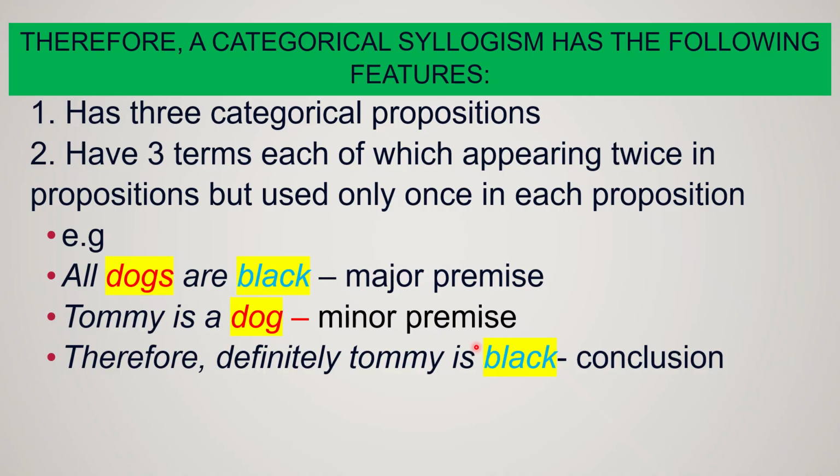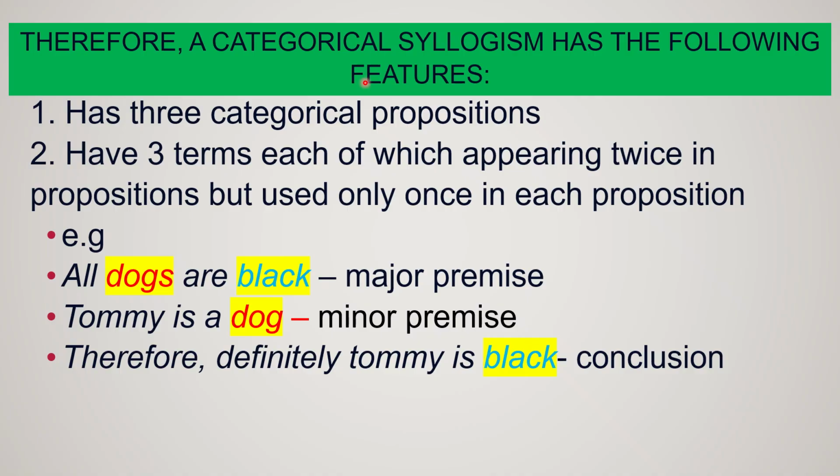That is what we defined about the categorical syllogism. It is a form of deductive argument with three categorical propositions, and each term appears twice, but only once in each proposition.